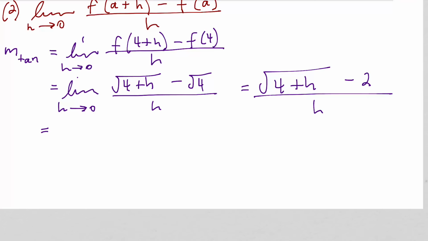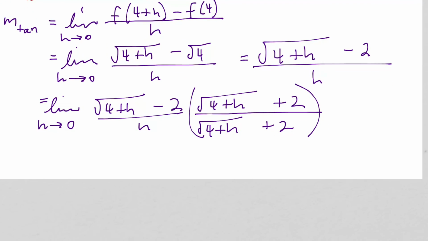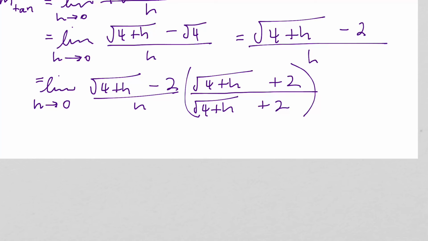All right, so I'm going to say limit as h approaches 0 of all of that multiplied by the conjugate, which means I change that minus to a plus. All right, so there we go. So now I got to carry out all this algebra and see how this simplifies.